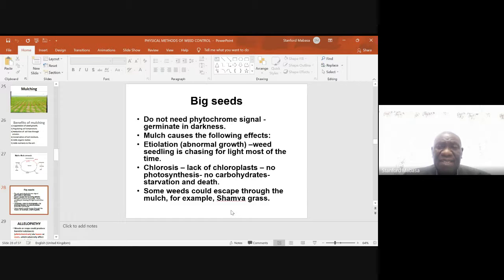The weed seedling is chasing for light most of the time. So there is chlorosis, lack of chloroplasts, no photosynthesis, no carbohydrates. Then there is starvation and death. Some weeds could escape through the mulch, for example, shamba grass.